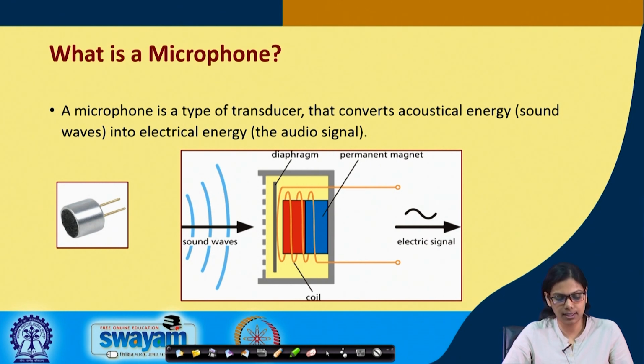We see here sound waves coming in, and there is a diaphragm and a permanent magnet. Some operation happens here, and there is of course a coil, and these sound waves actually generate some kind of electrical signal here.